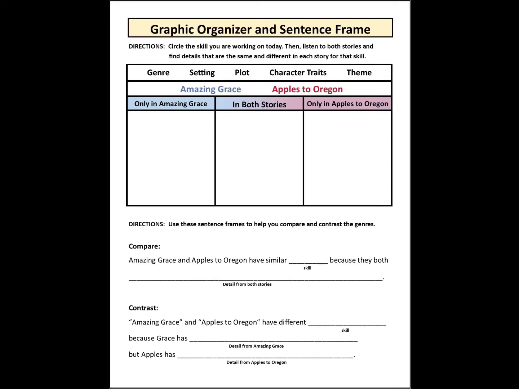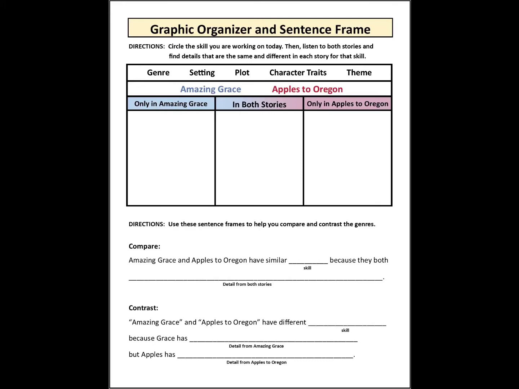And what's part of the plot is only found in Amazing Grace will go in the Amazing Grace column. And what part of the plot is only in Apples to Oregon will go in the Apples to Oregon column. And you'll fill it out like this. Amazing Grace and Apples to Oregon have similar plots because they both, and tell me what's the same about both of these plots.